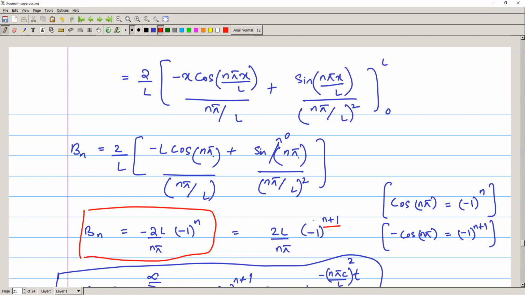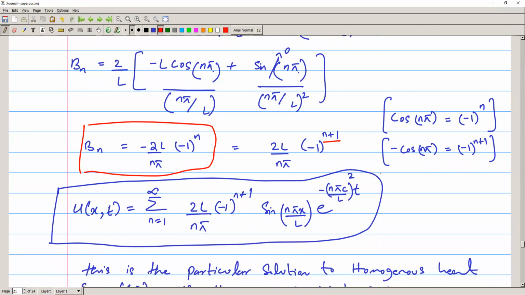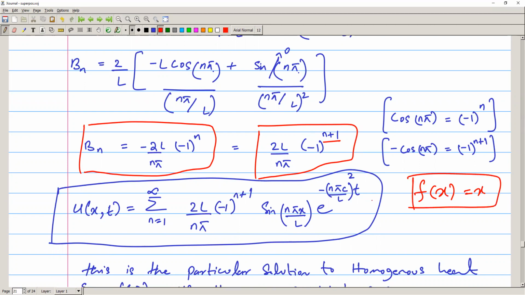So we get b_n. Now we can replace the integral with this part only, because this is the solution of the integral for f(x) equal to x, right? So now this is the particular solution for this initial condition.